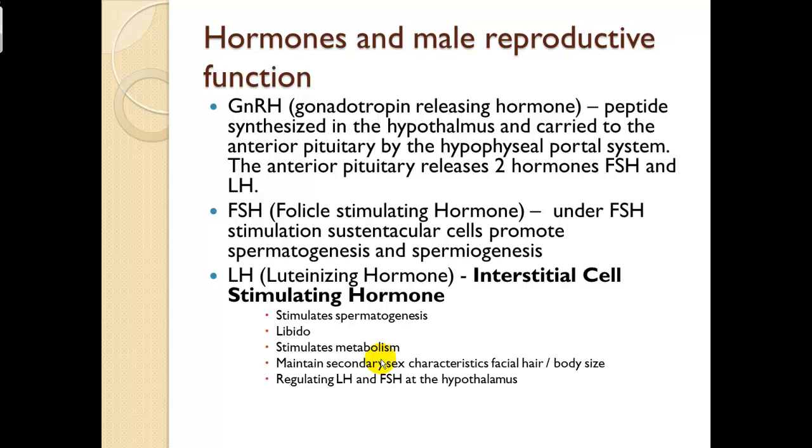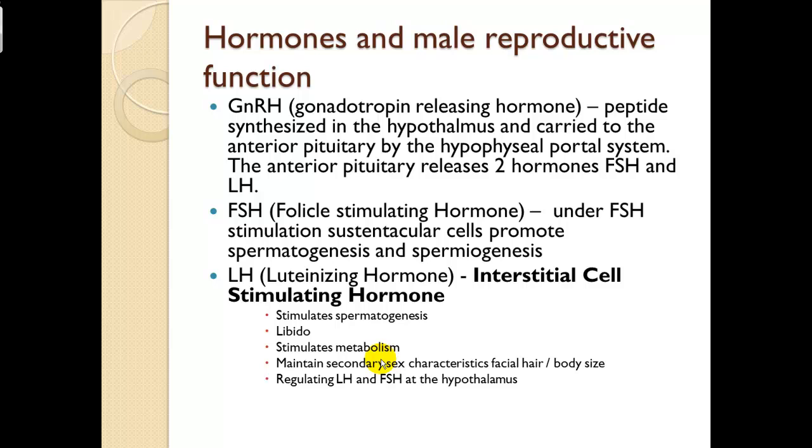Hormones and male reproduction function. Gonadotropic releasing hormone. It's a peptide that's synthesized in the hypothalamus and carried to the anterior pituitary by the hypophyseal portal system. Now, if you'll remember this back from the endocrine system, the anterior pituitary releases two hormones, follicle stimulating hormone, or FSH, and luteinizing hormone, or LH.